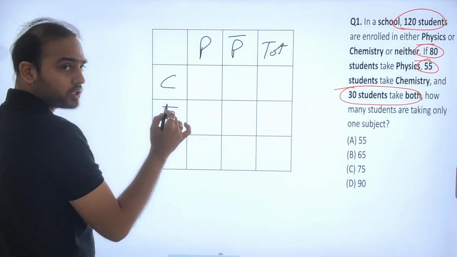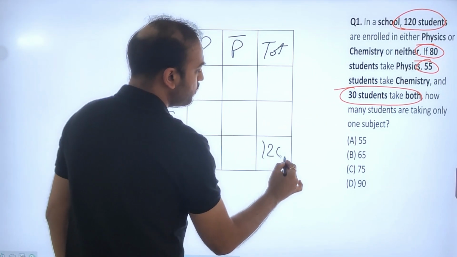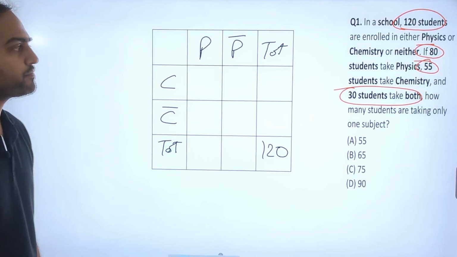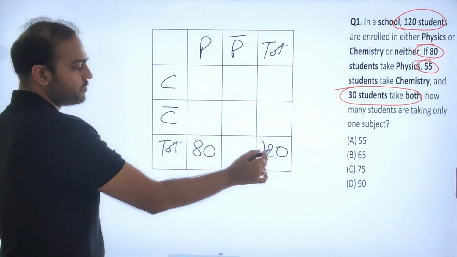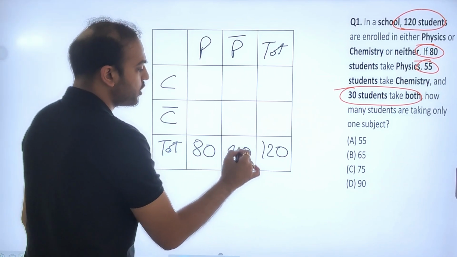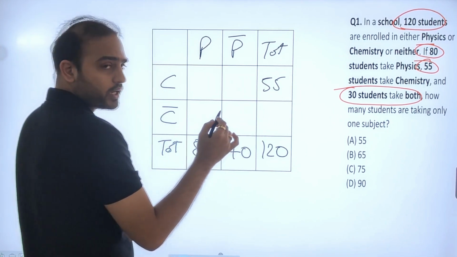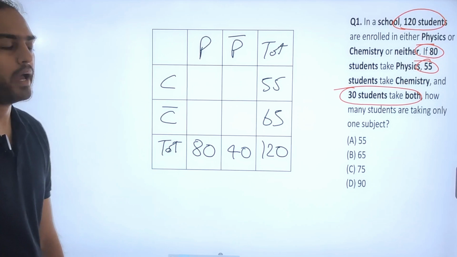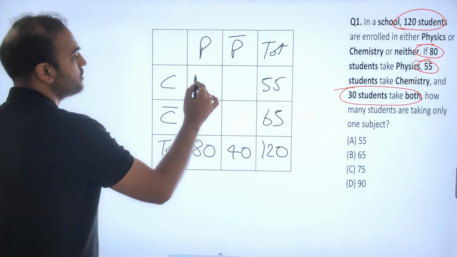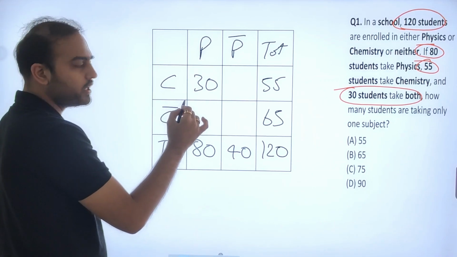Chemistry, do not study chemistry, total. Total I know is 120 students. 80 study physics. From here itself I can tell 40 don't. 55 study chemistry, so 65 don't. And 30 study both, so 30 will come here, people who study both physics and chemistry.